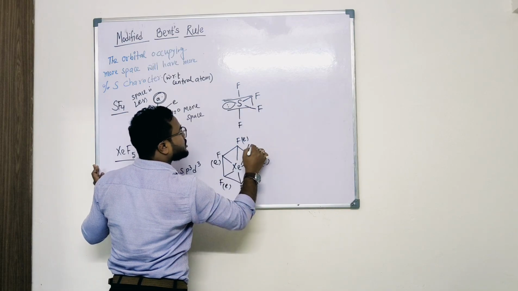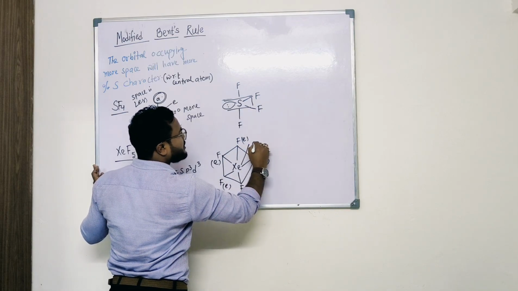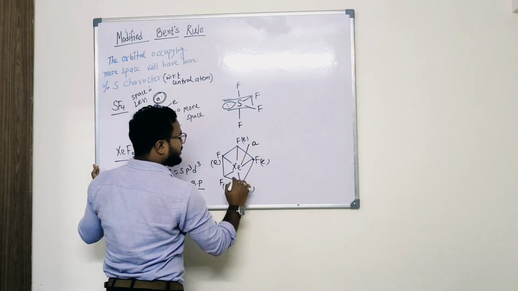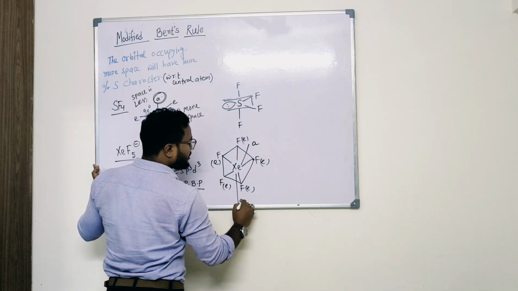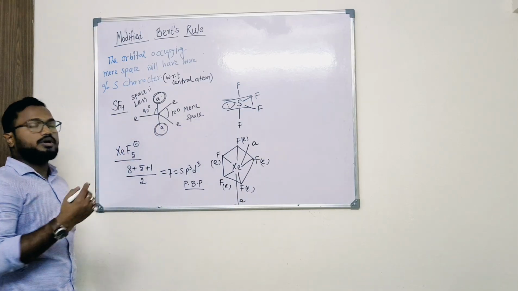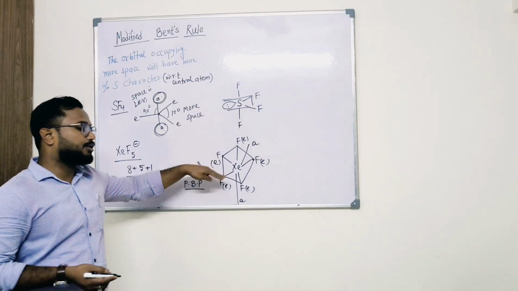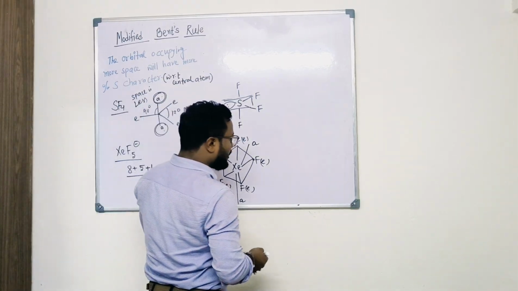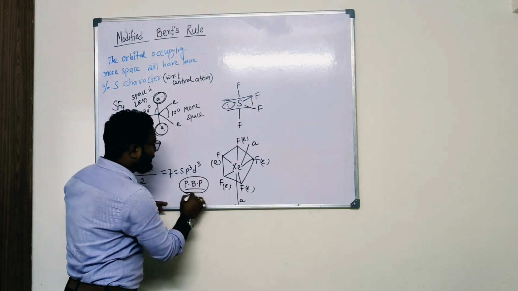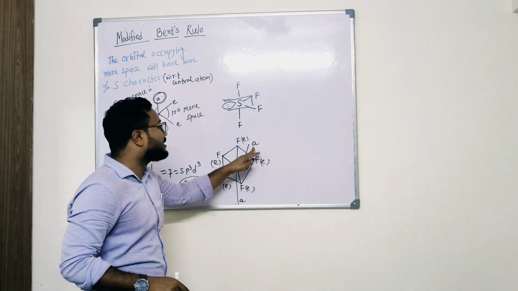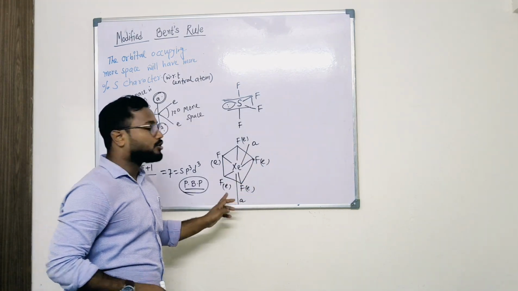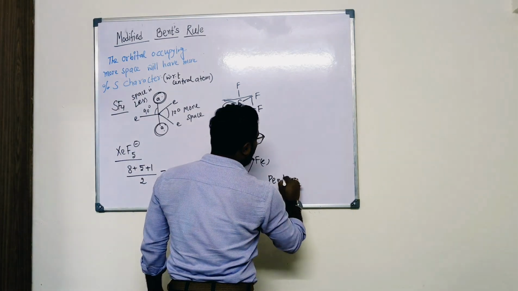Here two more positions are there. There the lone pair is present, axial, and this position is also marked as an axial position. So in the axial positions, what is the geometry? See, PBP, pentagonal bipyramidal, but in this case no atom is present, so it becomes pentagonal planar.